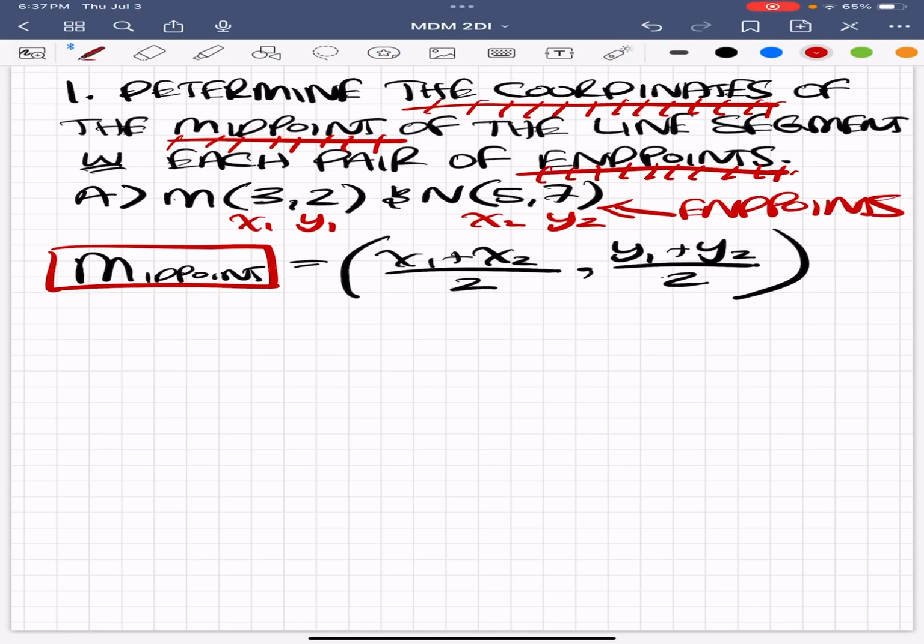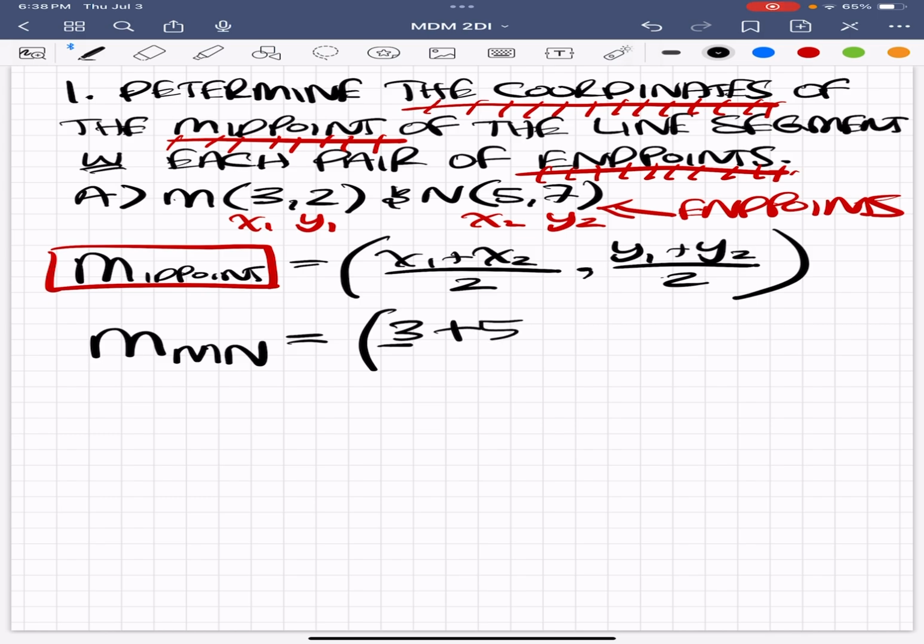Moving on. Midpoint of M and N. So we have x1, which is 3. And we're going to add that to 5. And it'll be over 2. So we have 2, and then plus 7 over 2.